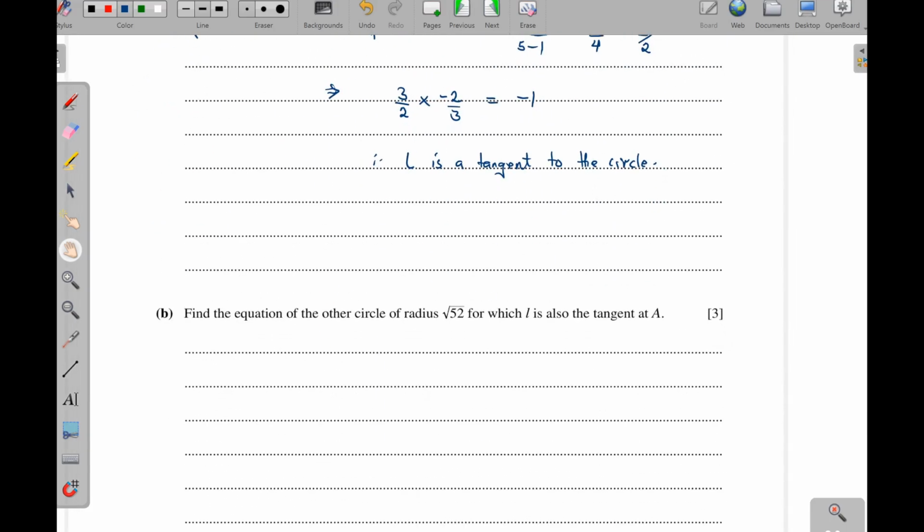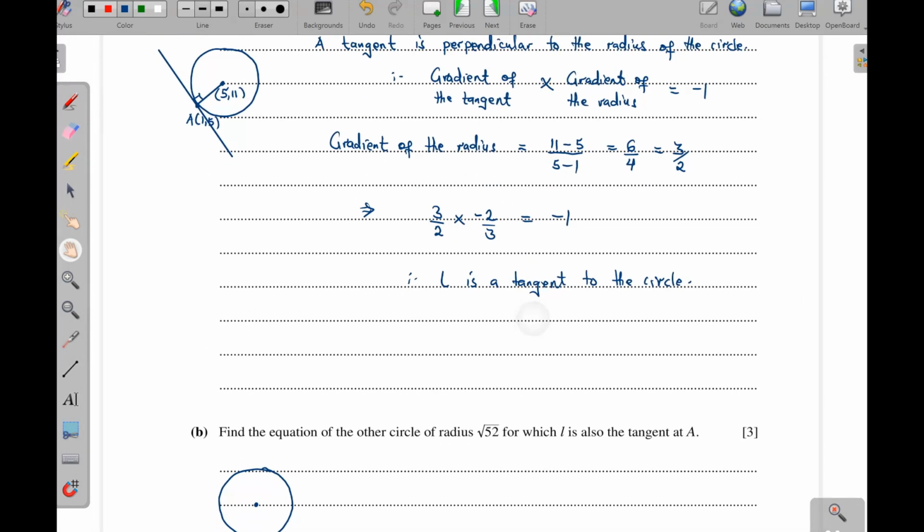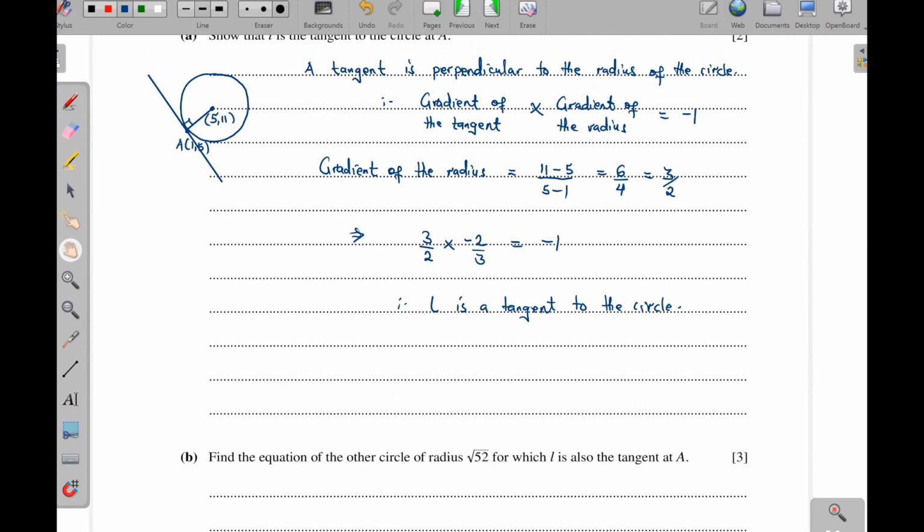Then part B, they are saying to find the equation of the other circle of radius √52 for which L is a tangent to that circle. Now suppose again I sketch this one, and it has its center here, and they are saying that L, right from here. Let me take away what I've drawn, duplicate this one, and bring it down here.